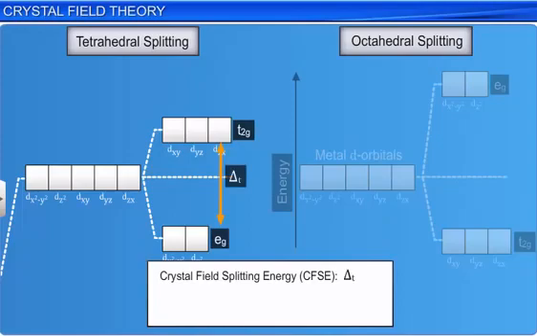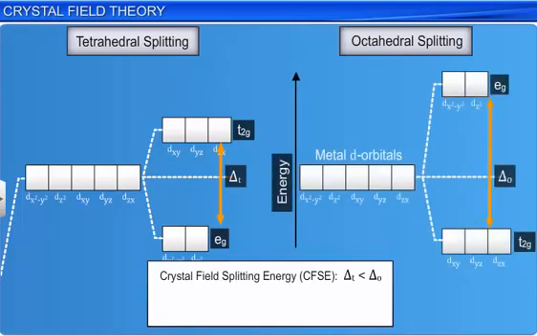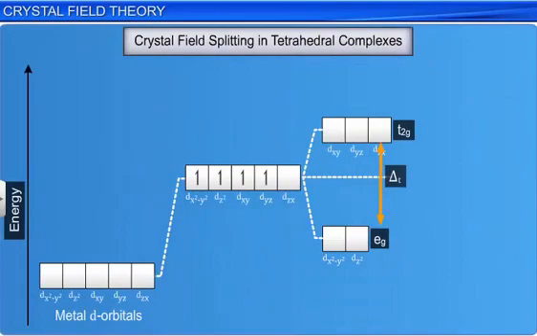The difference in energy can be represented by delta T is equal to 4/9 times the octahedral splitting. This splitting energy is not large enough to force the electrons to get paired up. Thus, low spin configurations are rarely observed.